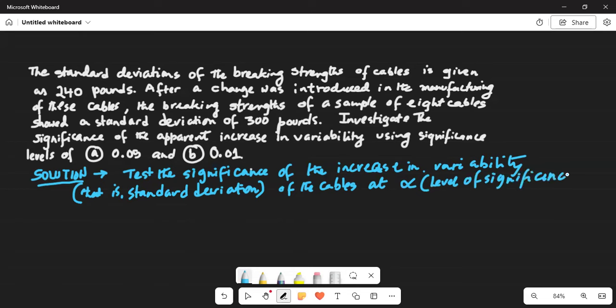Let's work on the first case, which is alpha equal to 0.05.